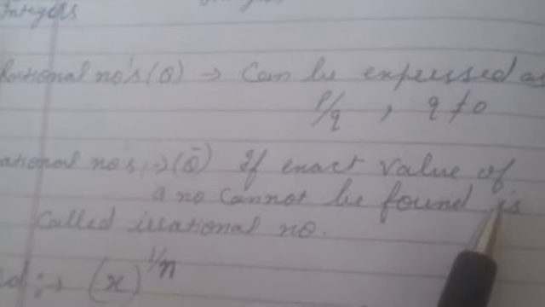Why? Because you know that if the denominator of any fraction is 0, it is not defined. Clear? Once again, children, rational numbers can be expressed in P by Q form and irrational numbers are those numbers whose exact value cannot be found.